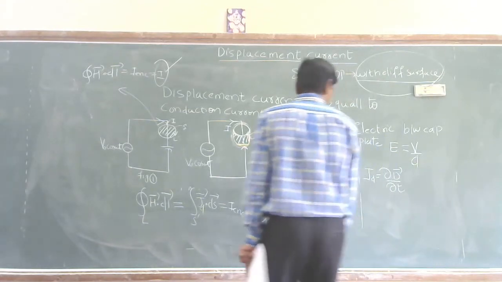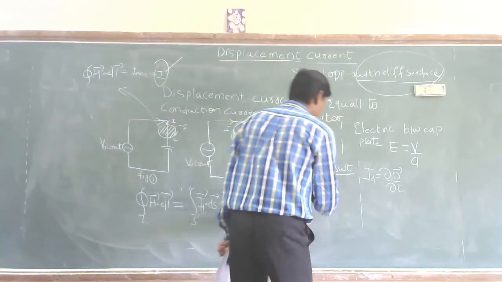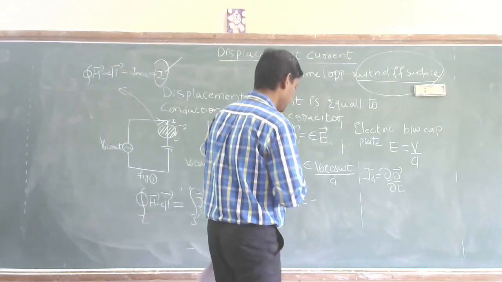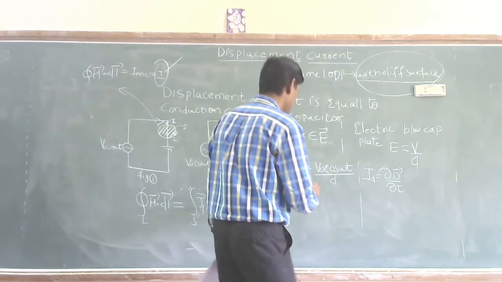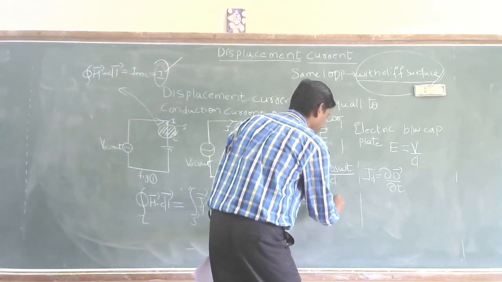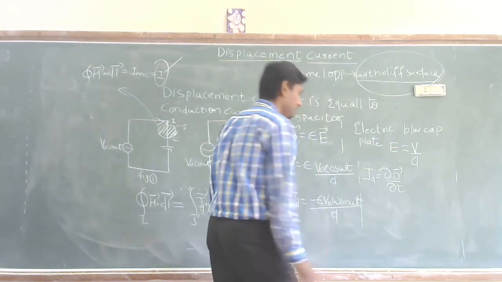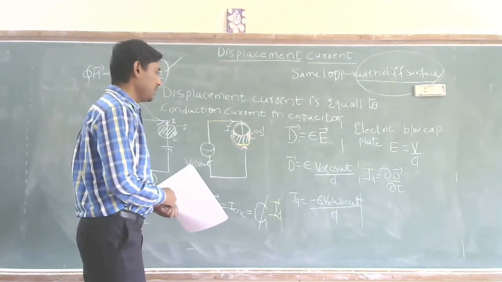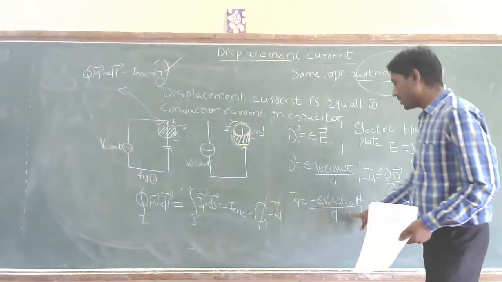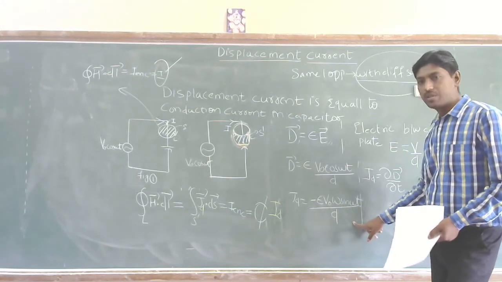Now you could say that JD is equal to minus epsilon V naught omega sine omega t divided by d. Now we can find the current, and we can check that this JD is constant because the electric field is constant.